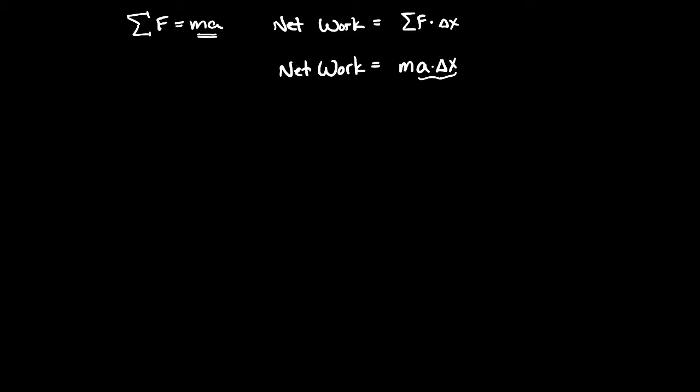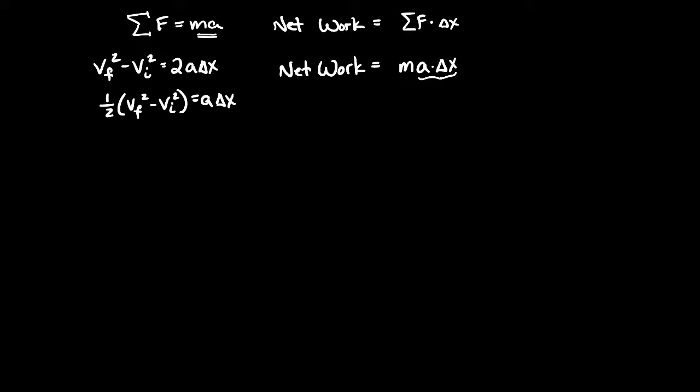If you don't remember, think V final squared minus V initial squared equals 2A delta X. So 1/2 V final squared minus V initial squared equals A delta X. Good so far?